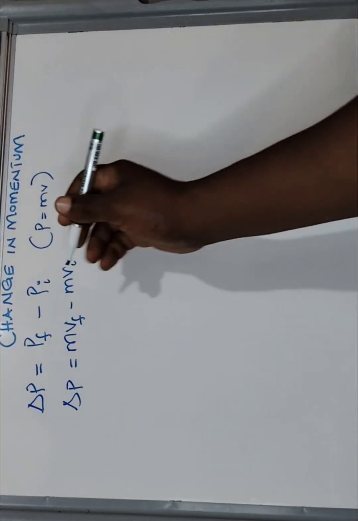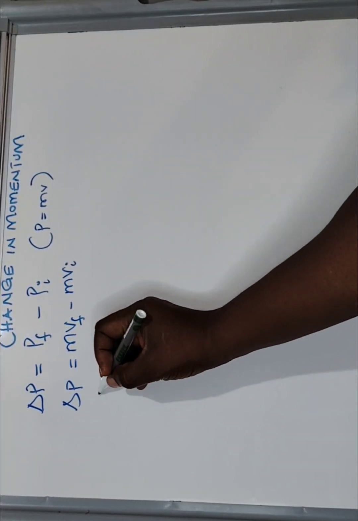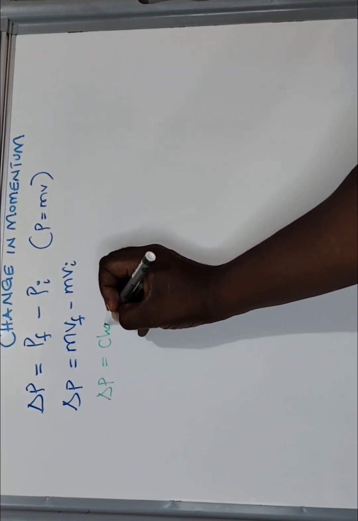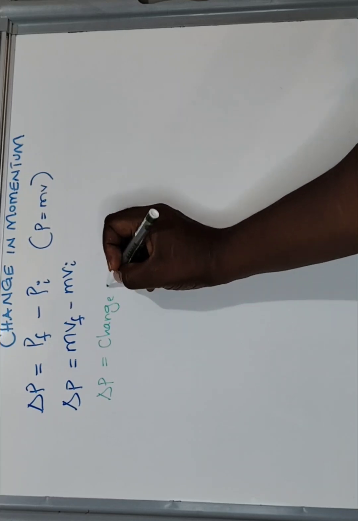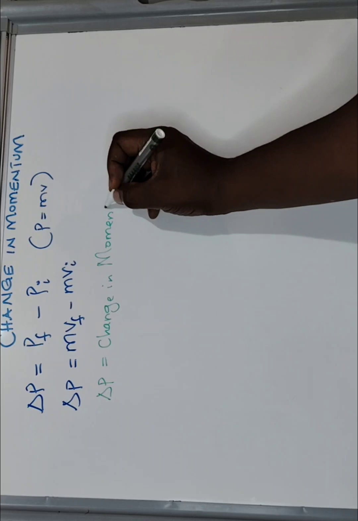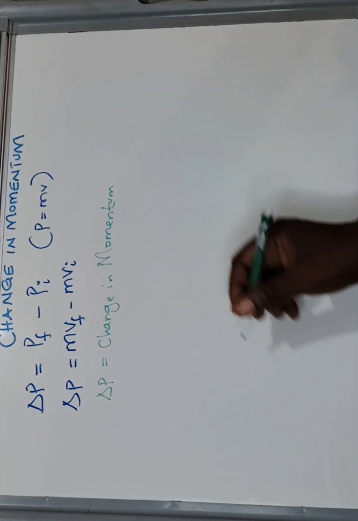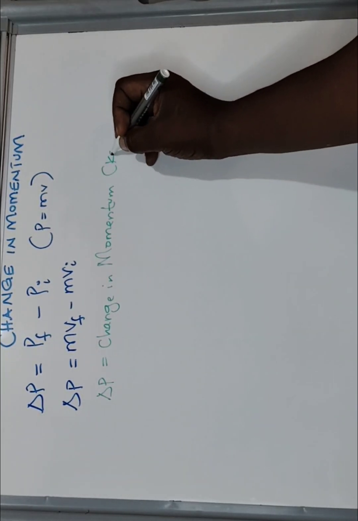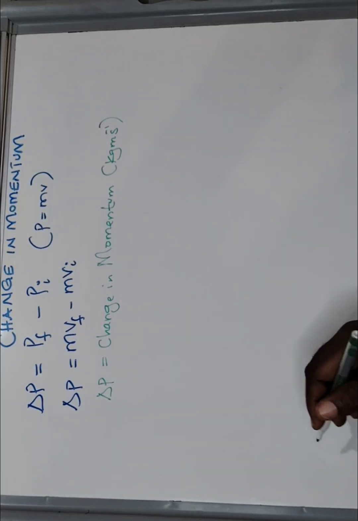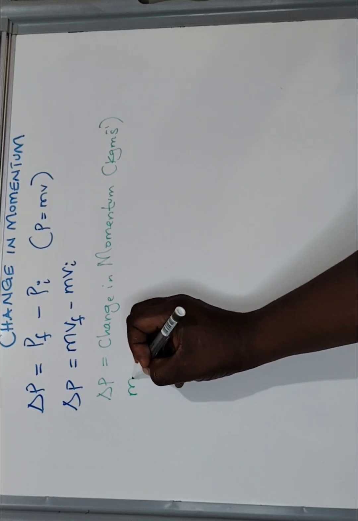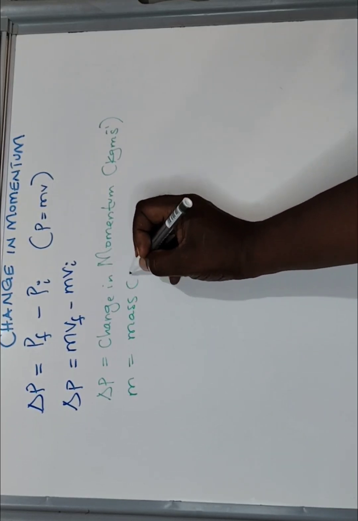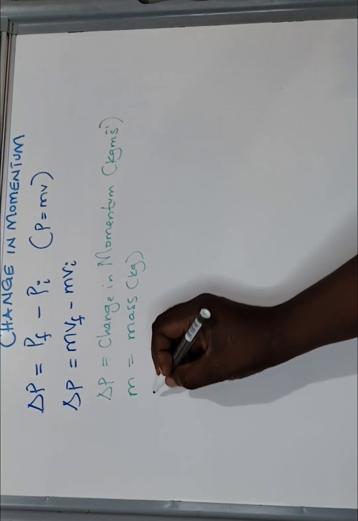So if you look at this, let us define each of the terms we have here. Delta p is change in momentum, given in kilogram meters per second. Then m is mass, given in kilograms.